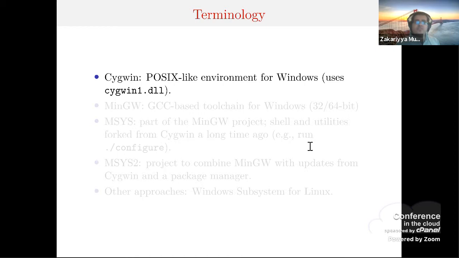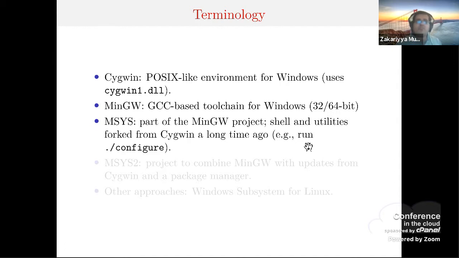Then there was MinGW, which is a GCC-based toolchain, can compile to 32-bit or 64-bit. But a lot of tools require Unix-like build systems to build. So the MinGW project released MSYS, which is a fork of Cygwin, but that was a long, long time ago. They never really updated it.